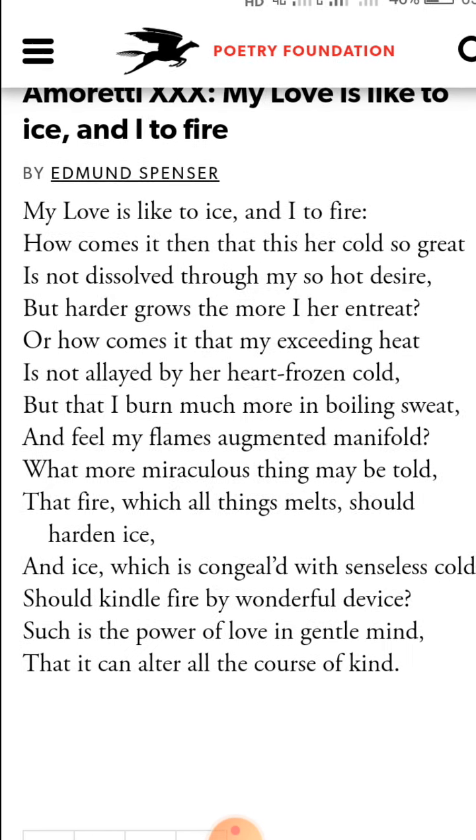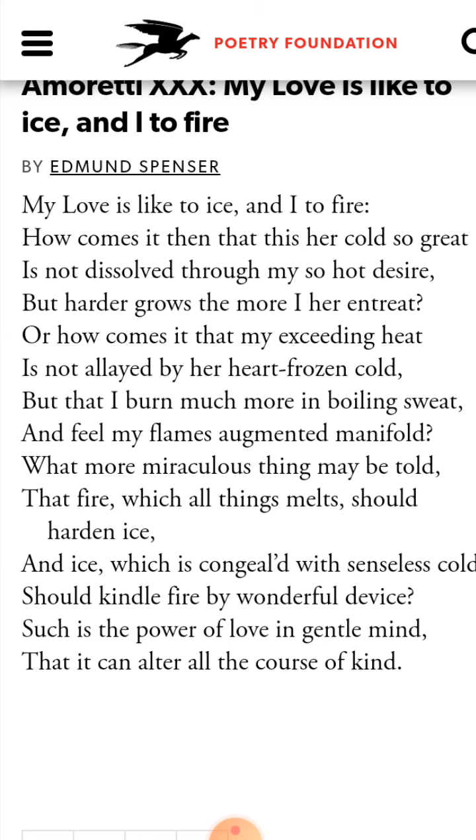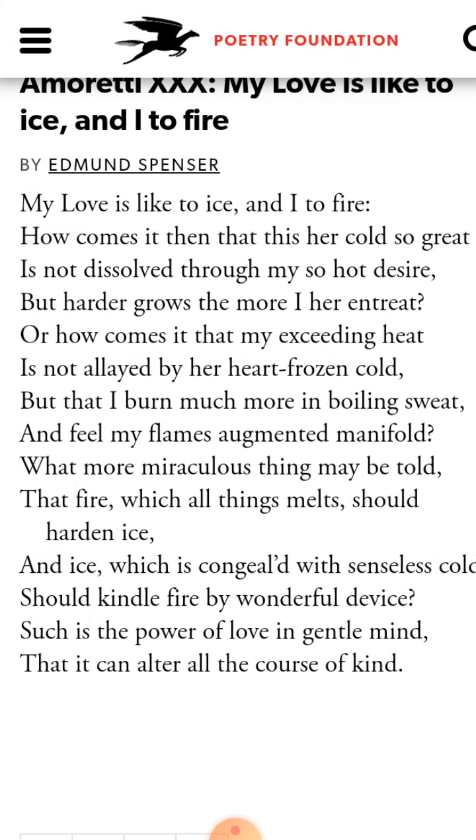The poet wants to say that he loves his wife very much, but the coldness of her love is not melted by the hotness of his own love for his wife. So that is quite surprising.